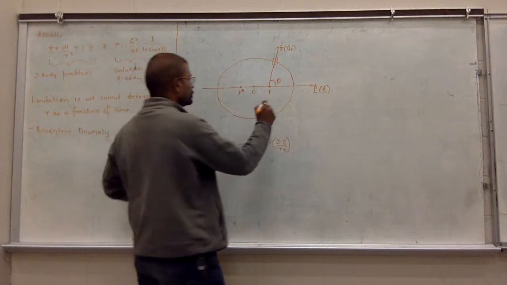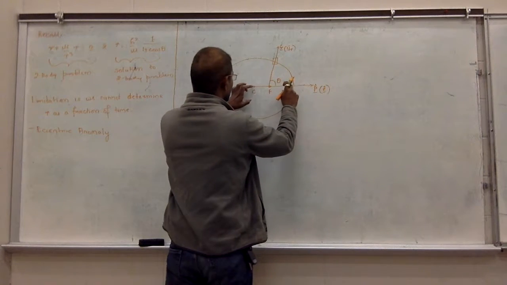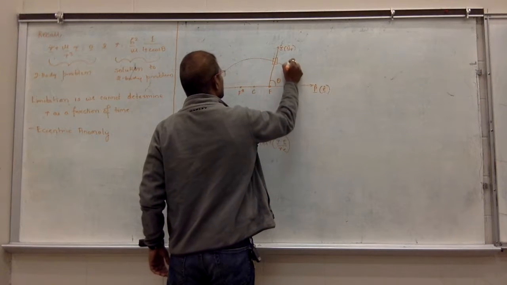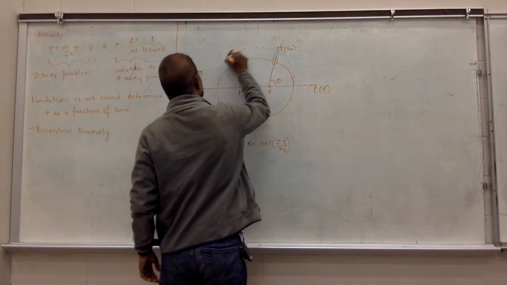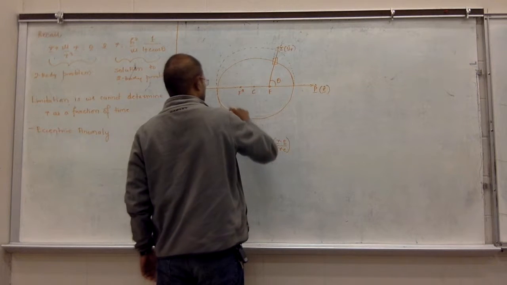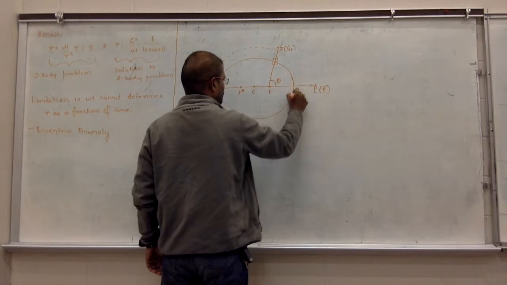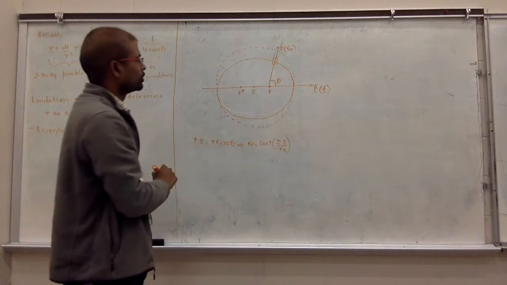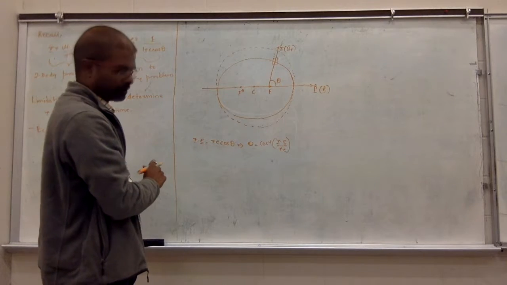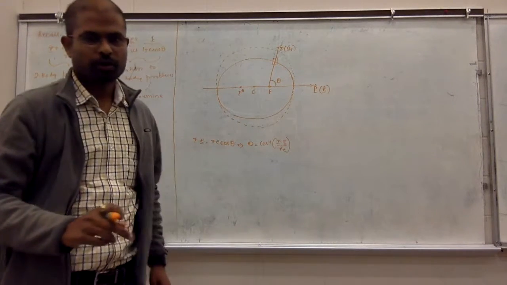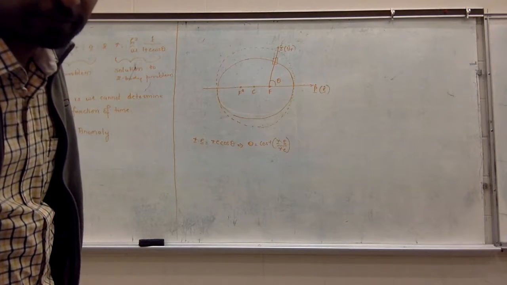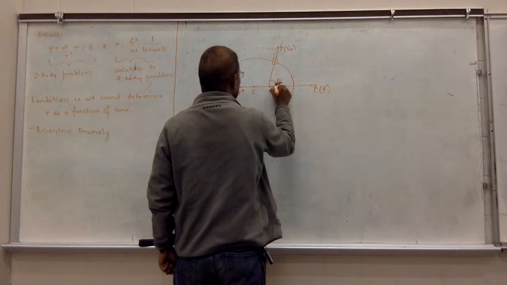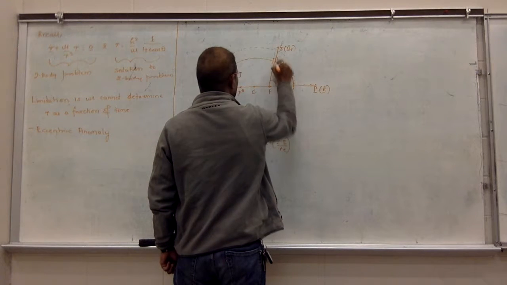So what you do is you take this radius and circumscribe it. Alright. Now what we do is we draw a perpendicular passing through this point.